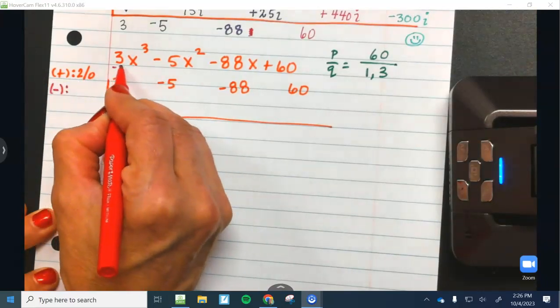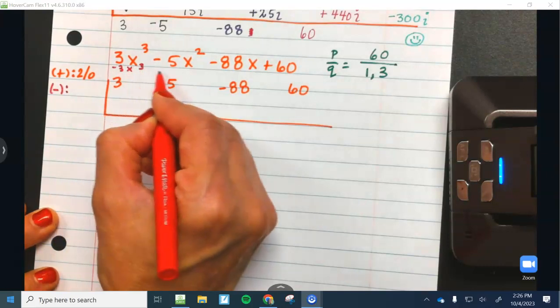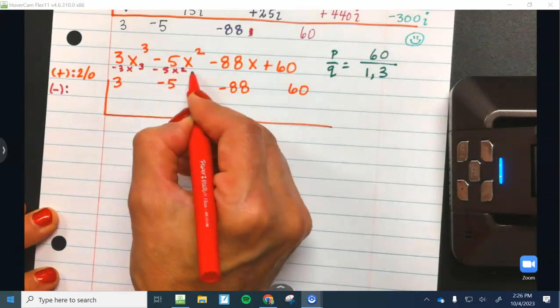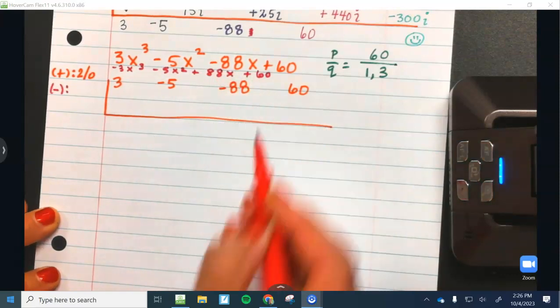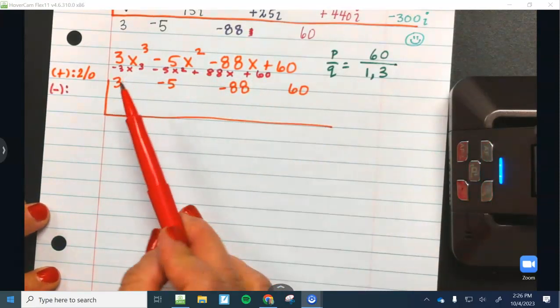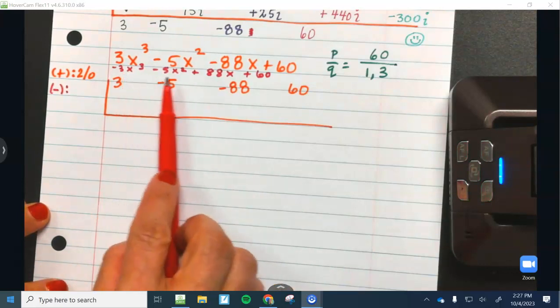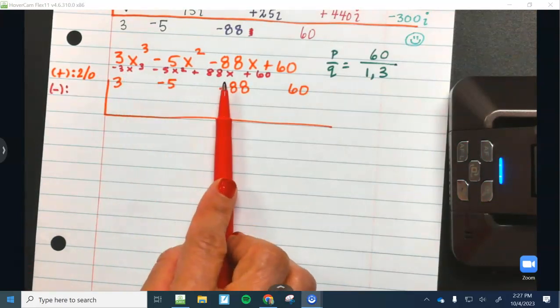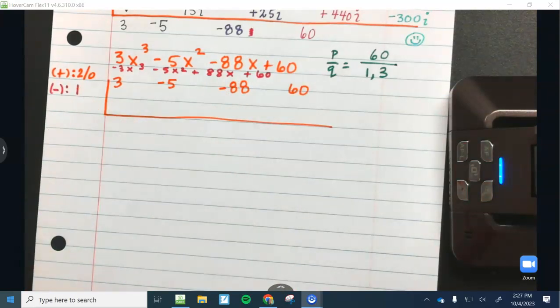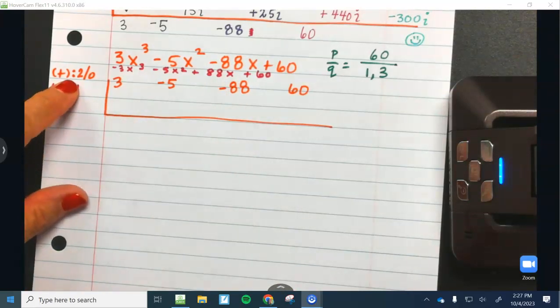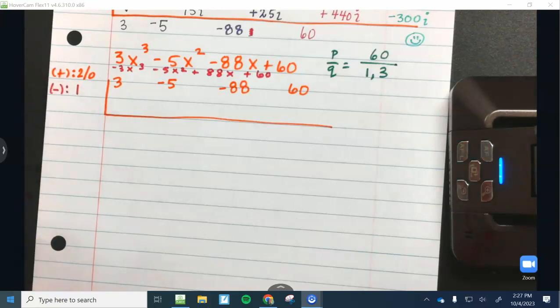So that's going to be negative 3x to the third minus 5x squared plus 88x plus 60. Y'all, this is just one change. It starts out negative, then it flips to positive and stays positive. So we're going to have 1 negative, which means I'm going to start trying to guess positive numbers.